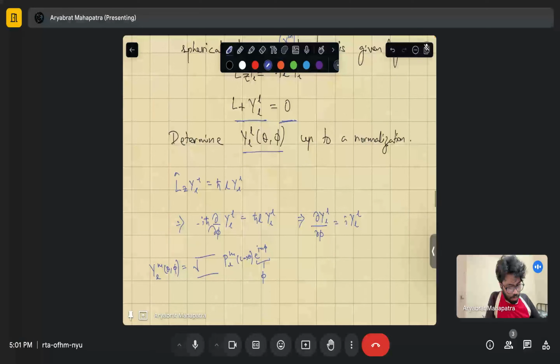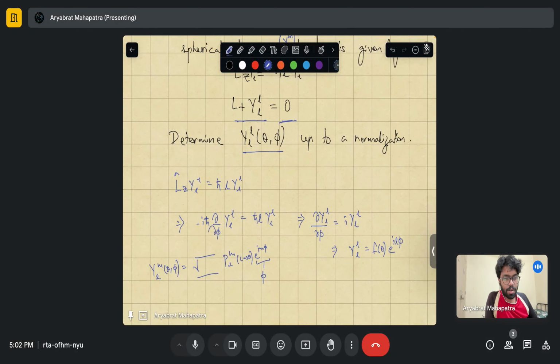So in this differential equation also you can write the phi and theta parts separately. I can write YLL as some f of theta, with the normalization also contained in f of theta, times e to the power i alpha.